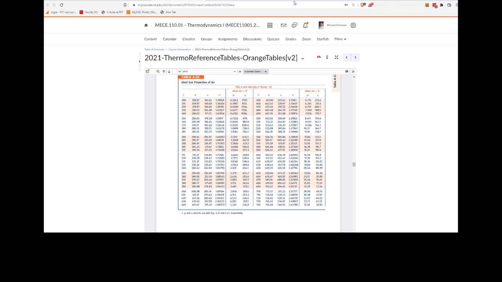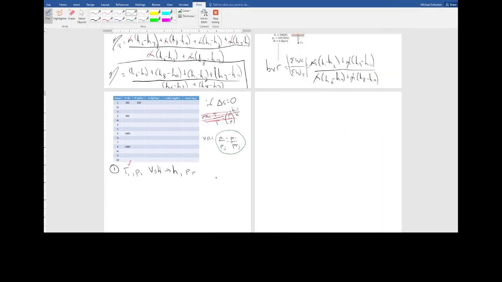So I just need one thing. Typically, if this is my table A22, there's temperature, H, U, S superscript 0, and then it says, if delta S is equal to 0, then you can use PR or VR. The thing that I'm looking for usually is I want a temperature or I want PR, right?